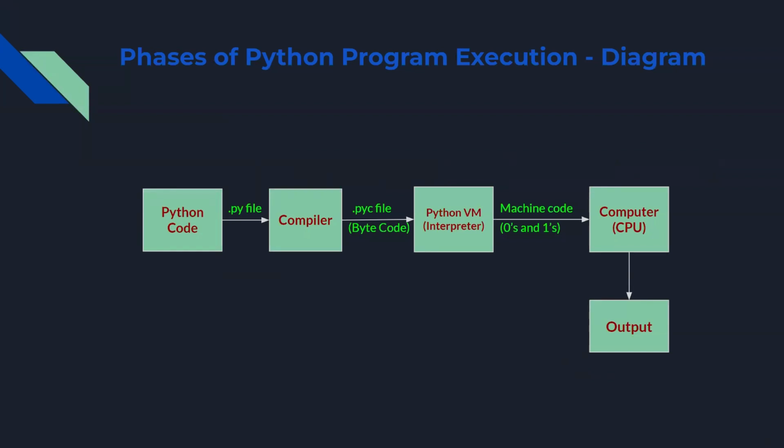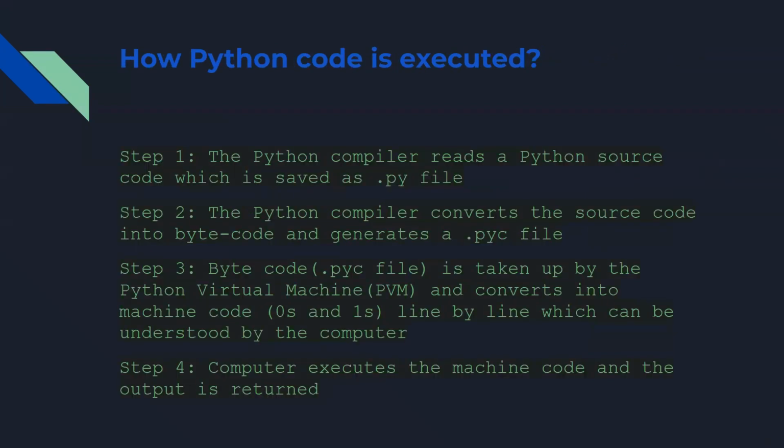Now, this bytecode is again taken by the Python virtual machine, which is nothing but the interpreter, and converted into the machine code. And that machine code can be fed into the CPU, and the CPU, based on the logic, gives the output.